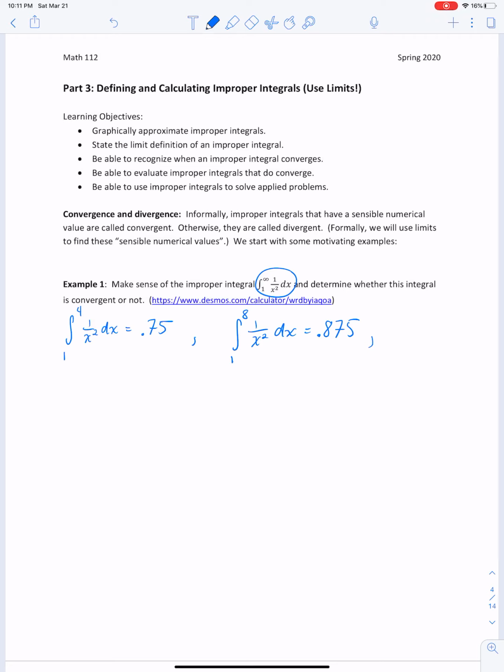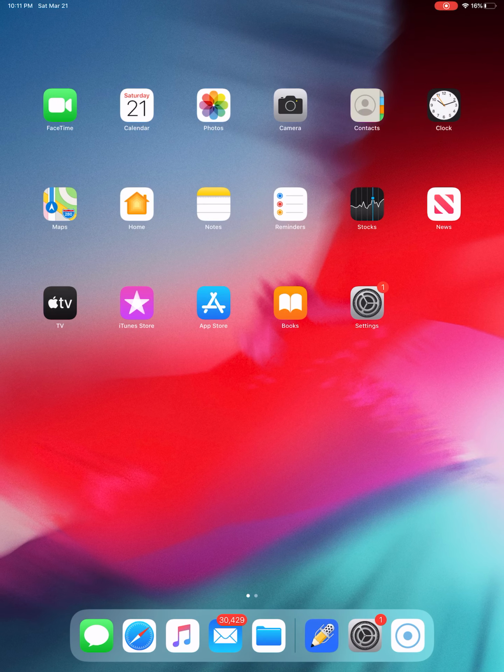So go ahead, go back to Desmos, and maybe pause the video right here. Put in some really large values of b, and make a conjecture.